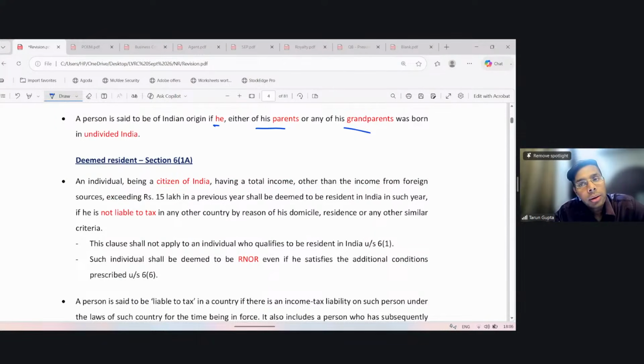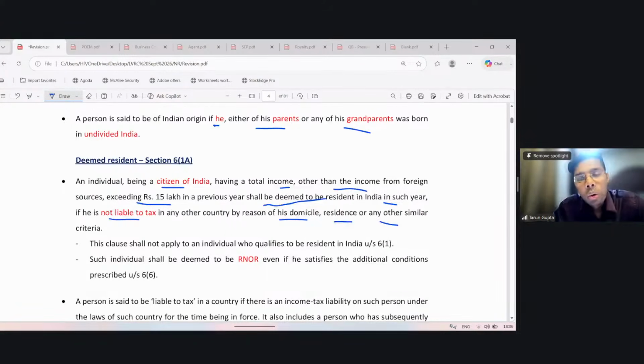So it says an individual being a citizen of India, having a total income other than income from foreign sources exceeding 15 lakh in a previous year, he shall be deemed to be resident in India if he is not liable to tax in any other country by reason of his domicile, residence, or any other similar criteria.